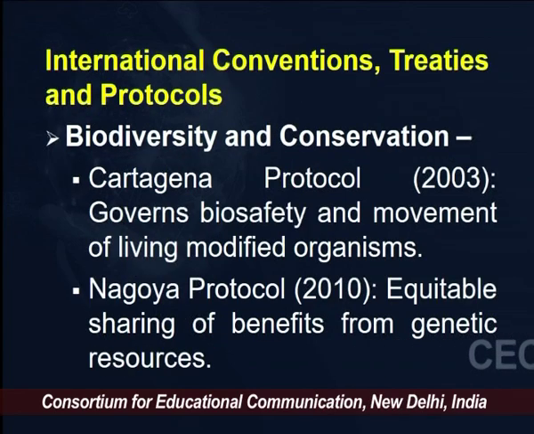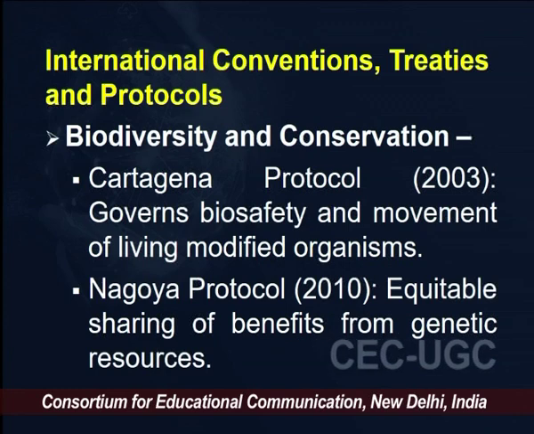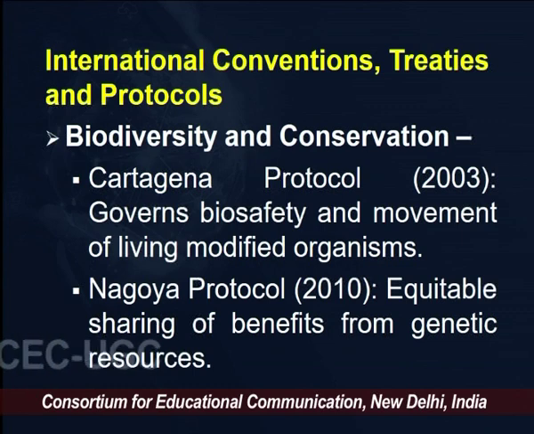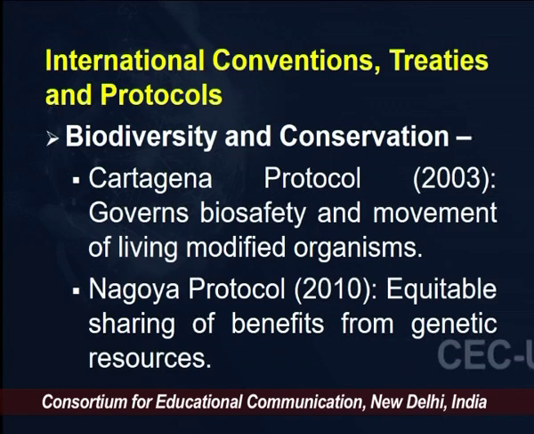Another one was the Cartagena Protocol 2003, which governs biosafety and movement of living modified organisms. Nagoya Protocol, and these are basically names of cities, like Nagoya is in Japan. So, the Nagoya Protocol, where the convention took place in 2010, and there the main objective was equitable sharing of benefits from genetic resources.